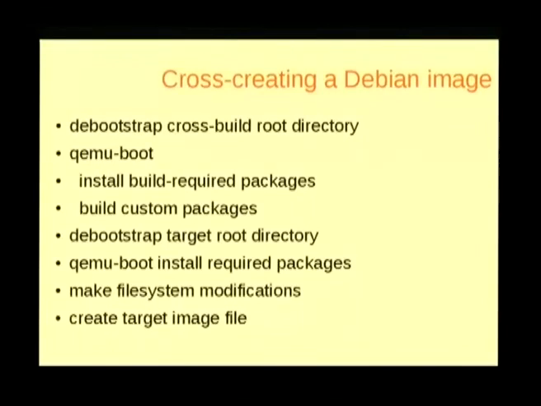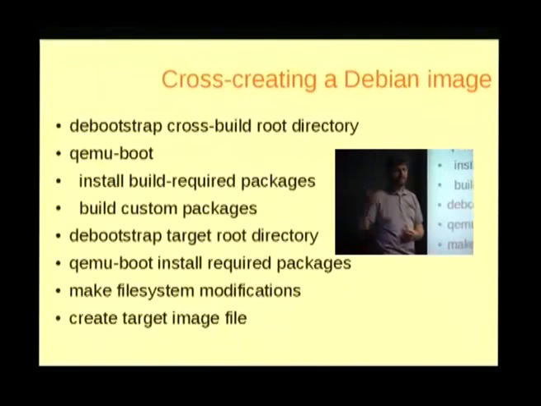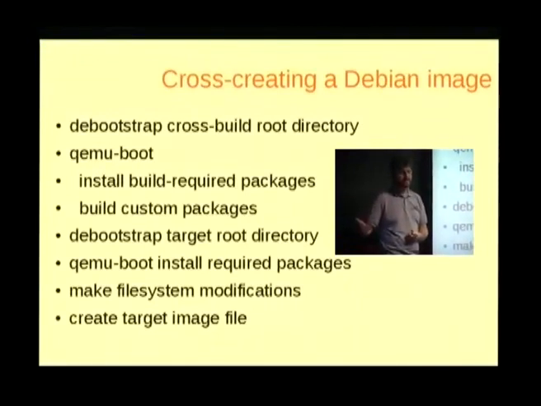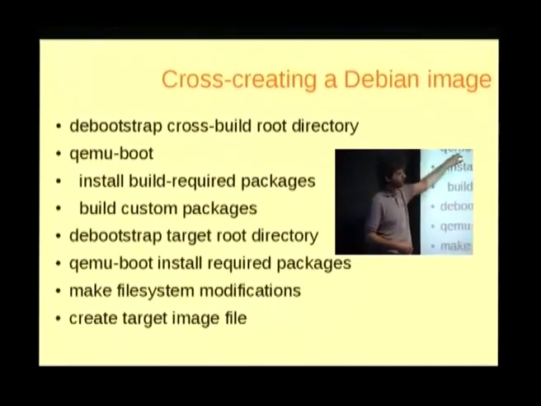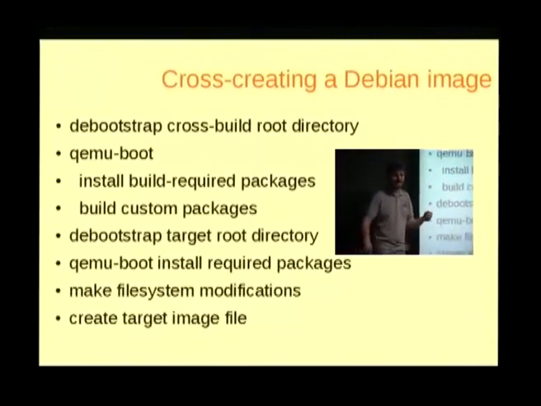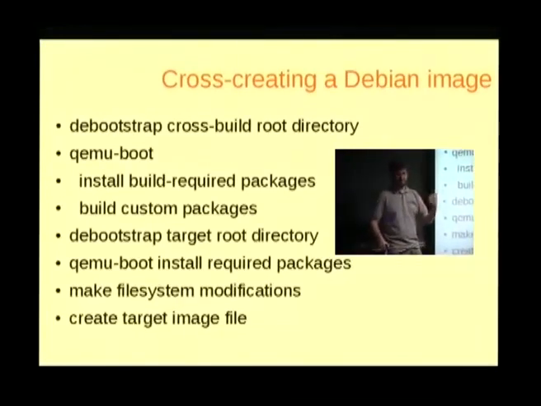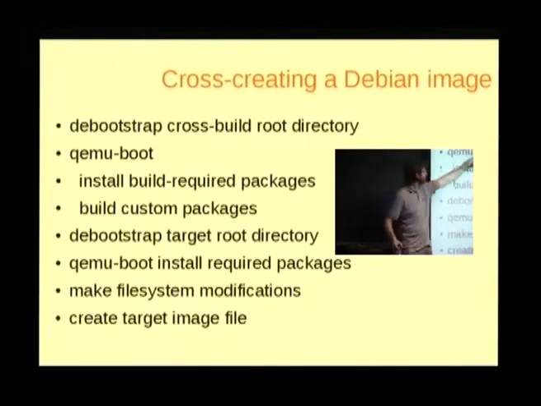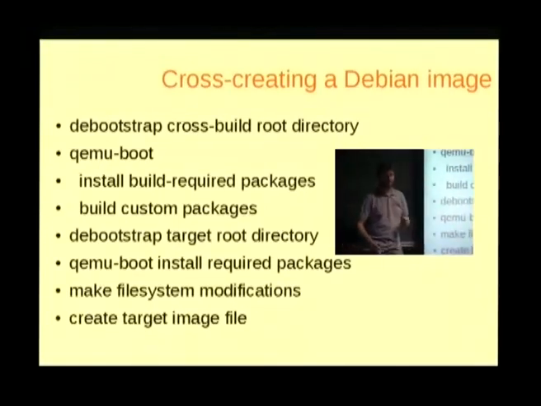The easiest way is actually to not do any cross-compilation, but just make a root file system of your target system directly, and then use QEMU to emulate the target processor and run a chroot into your target file system directly. I say QEMU boot here, but it's of course QEMU chroot.